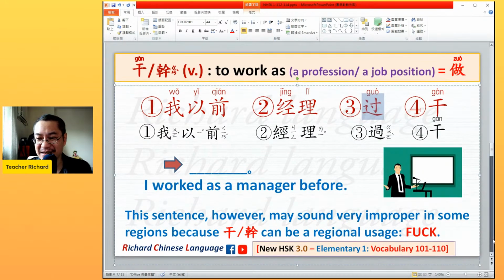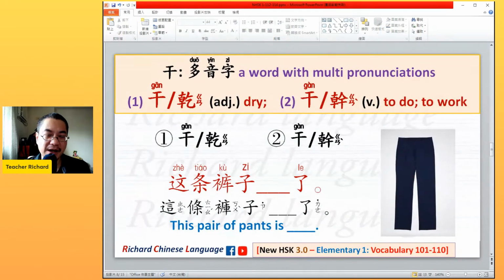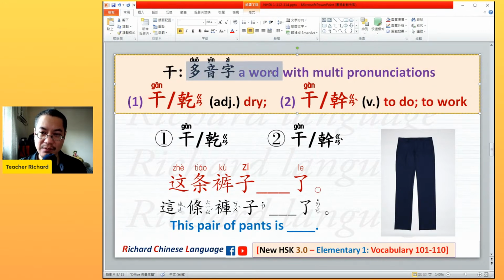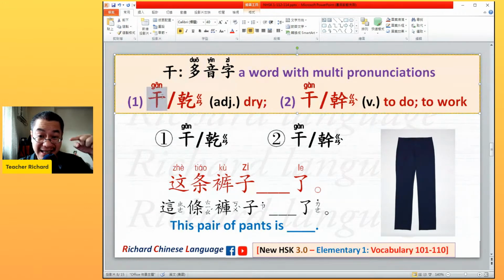Okay, so let's talk more about the word. The word is 多音字, which is a word with multiple pronunciations. And now we have learned two pronunciations of the word. The first one is 干. We talked about 干 in the previous lesson. 干 with the first tone is an adjective, which means dry.